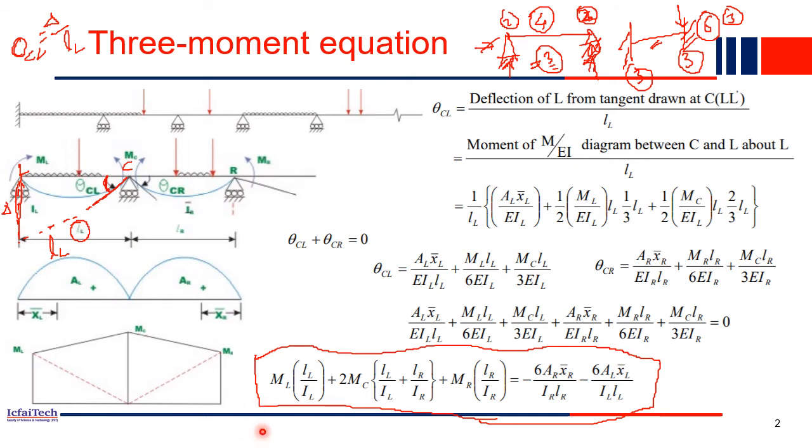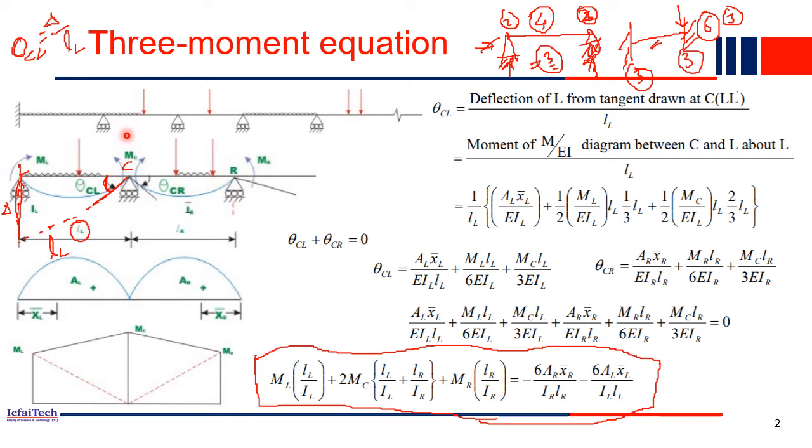Using the three moment equation, we can compute all the unknown forces and reactions in a beam, and draw the bending moment and shear force diagrams. Please remember this formula, it is very important, and that's how we derived it using the compatibility equation. In reality, all structures are indeterminate structures.